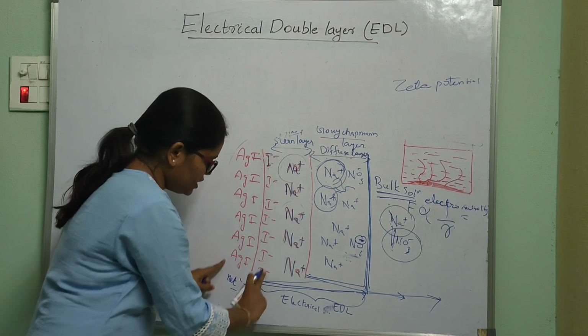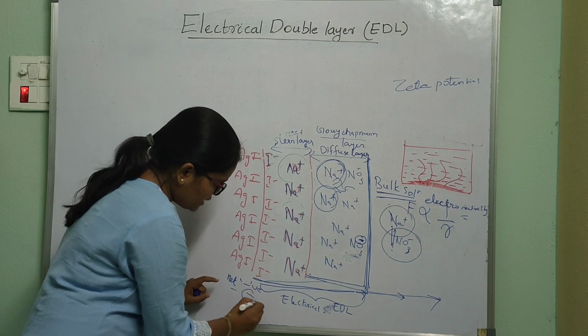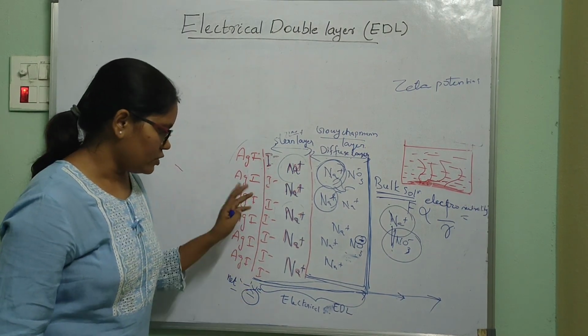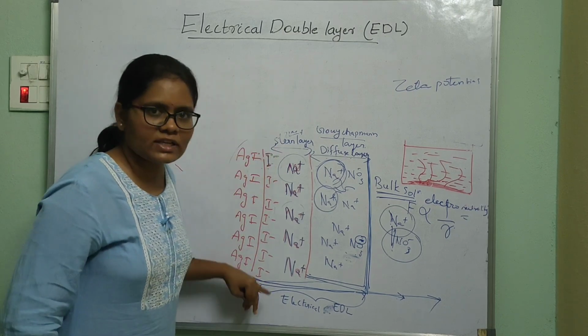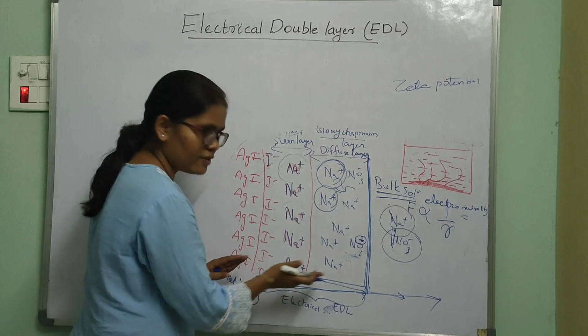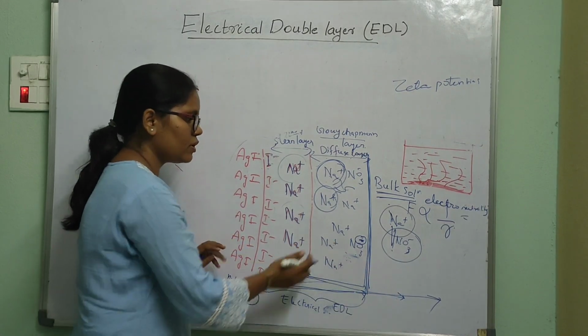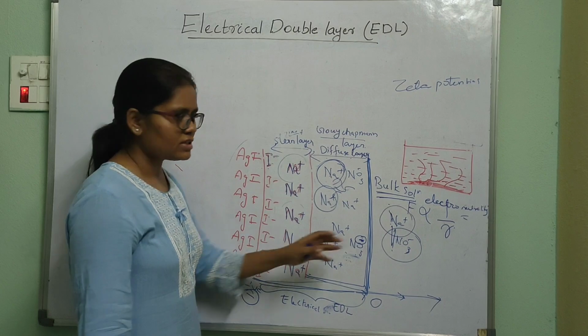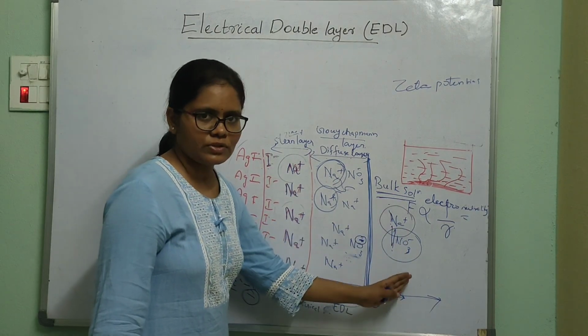Now you see that here you have a negative charge, more number of negative ions. So this portion is negatively charged, and as you move towards the right, away from the surface of the colloidal particle, there will be no charge, because you have attained electrical neutrality.